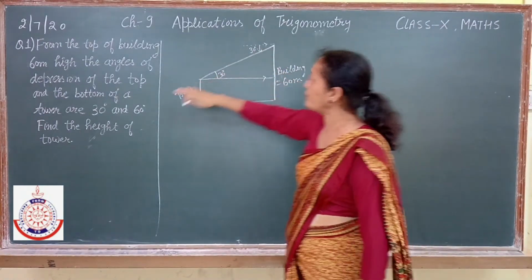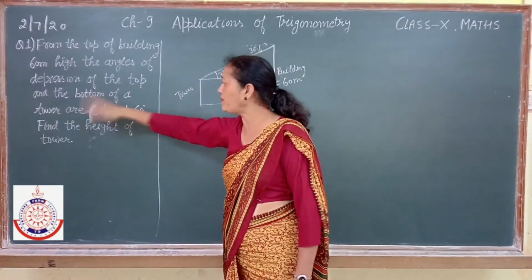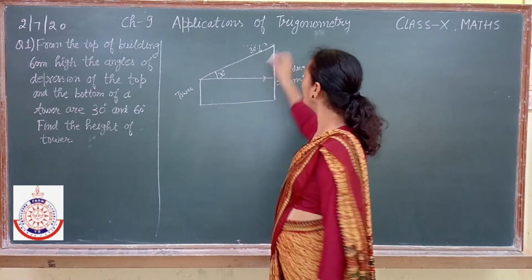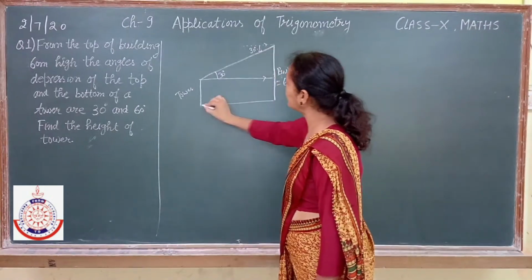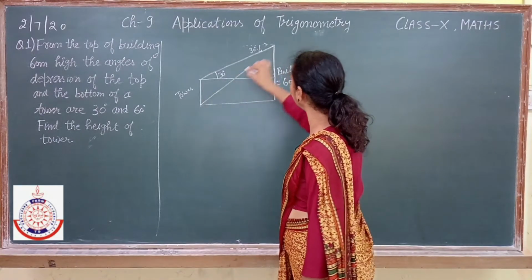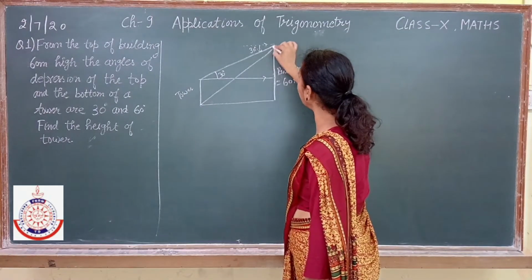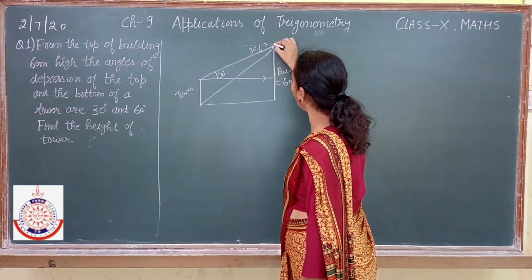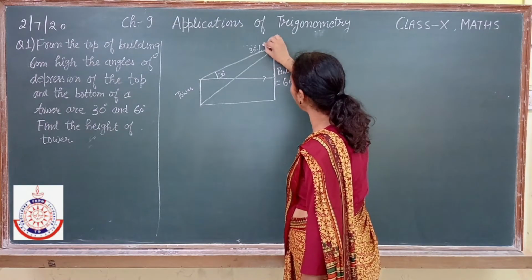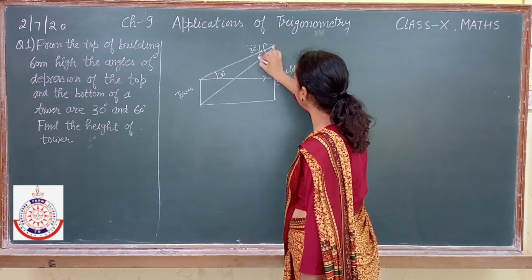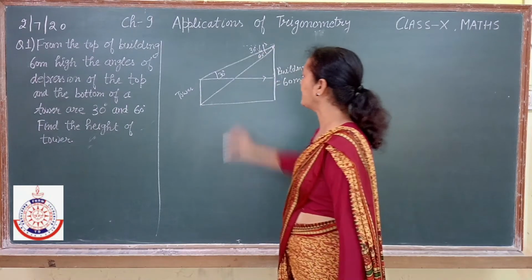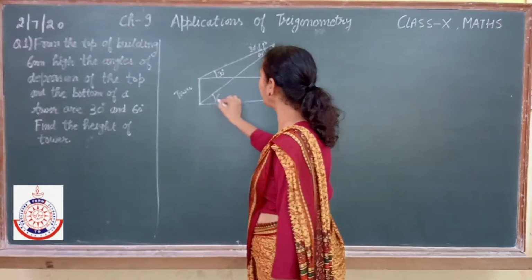Then he says, when the person sees the bottom of the tower from the same point, the angle is 60 degrees. This is the bottom of the tower. Seen from this point, the angle of depression has become 60 degrees. So ultimately, this would be 60 degrees.